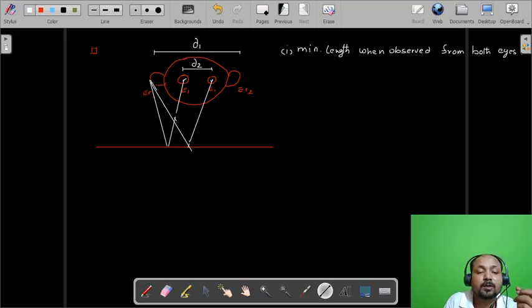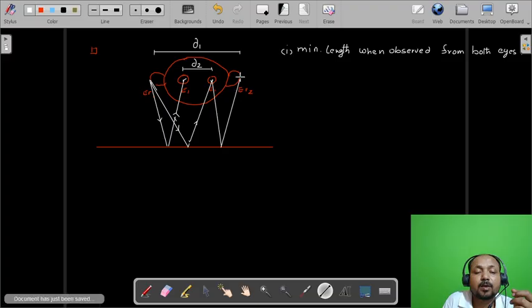So this is the incident ray and this is the reflected ray. Similarly from the second ear, the ray should be incident and reflected.